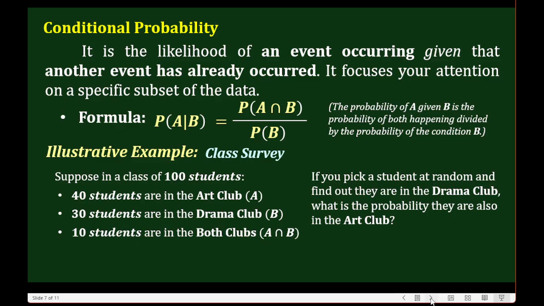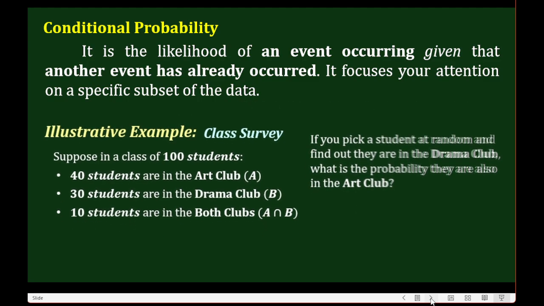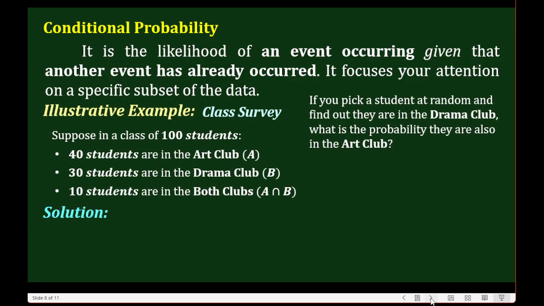So, for our solution, let us list down the given information or compute for the probability involved in this situation. So let us take the probability of the intersection of the two events.